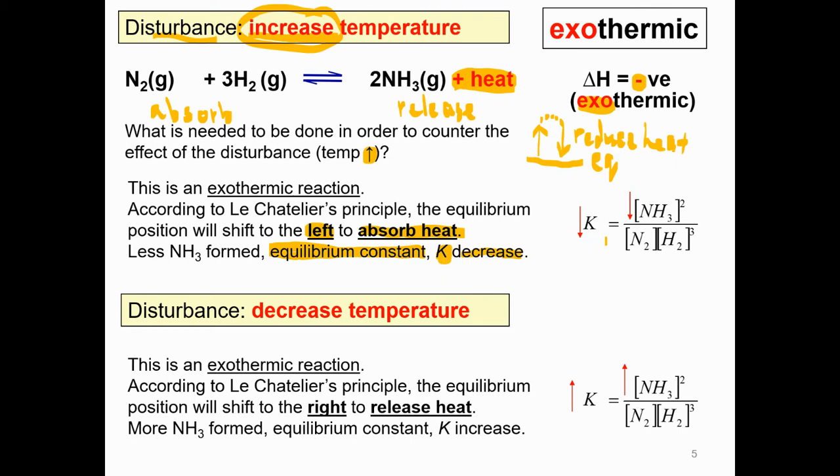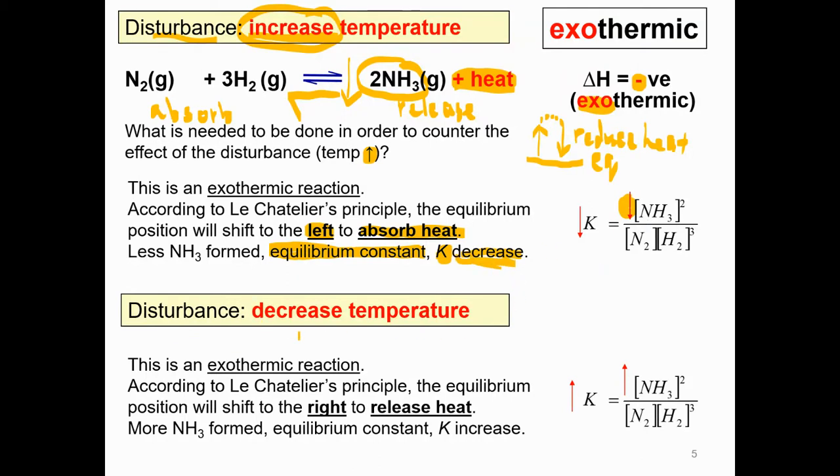When we write the equilibrium constant expression, we know that it shifts to the left. Shifting to the left means product is reduced. So if you compare with the earlier equilibrium constant, it will be reduced.